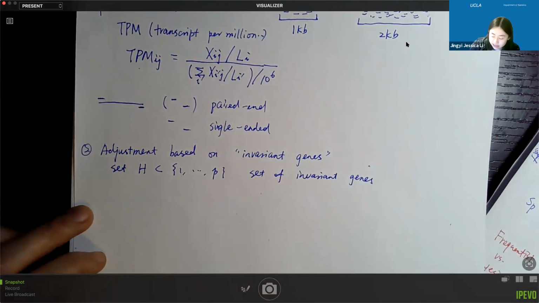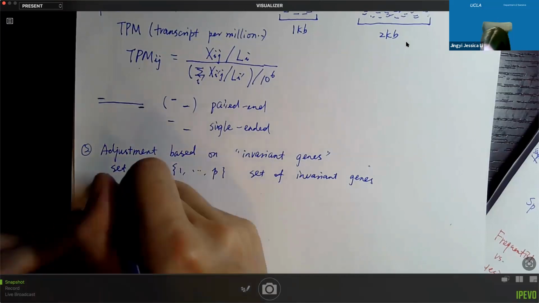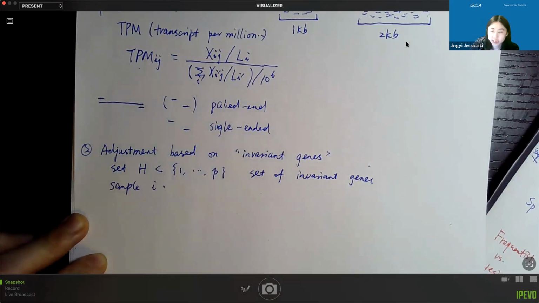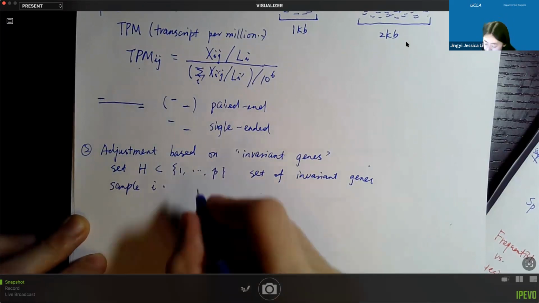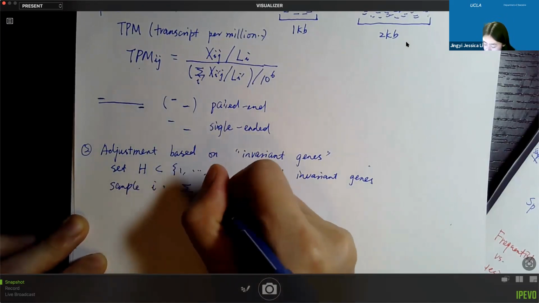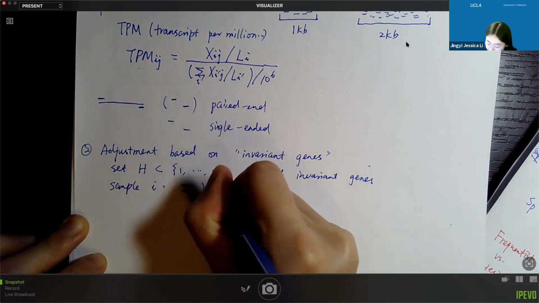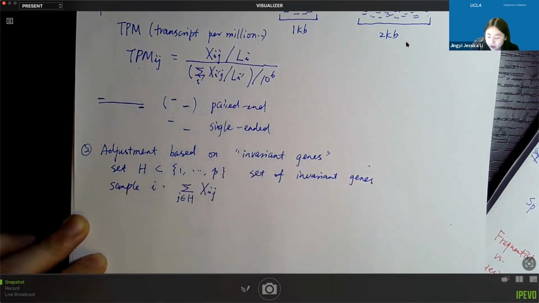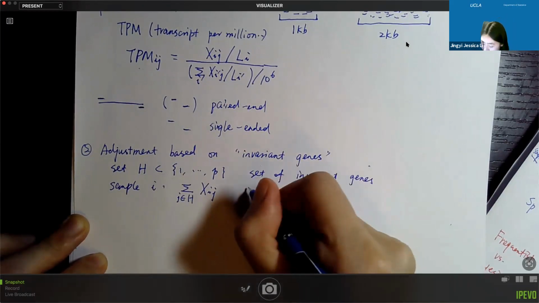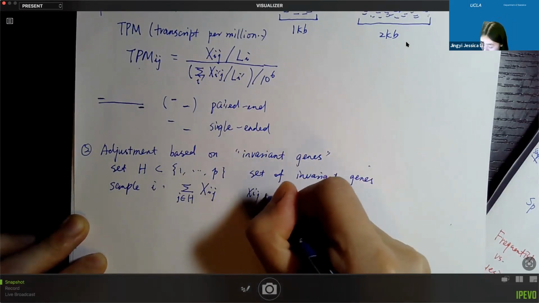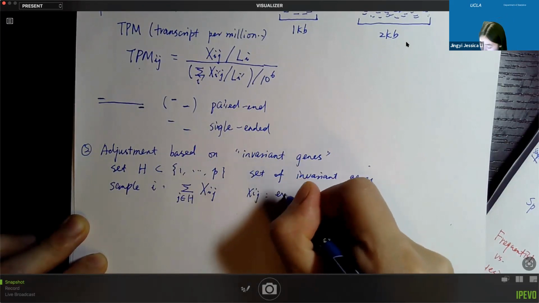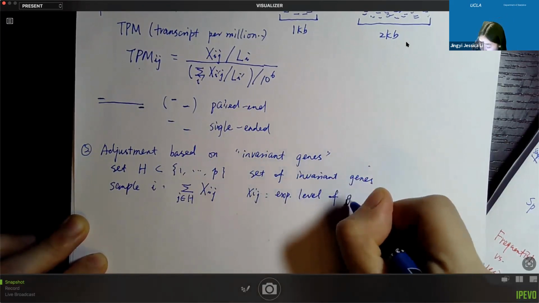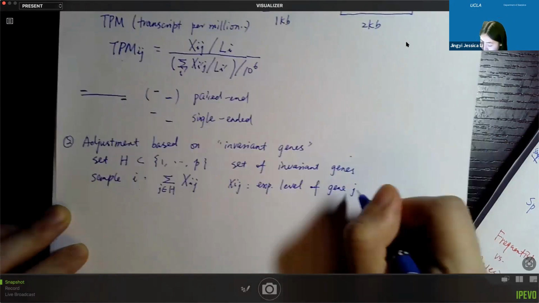Now for my sample I, I could just take the summation over its genes in the set. Let me call this Xij, and if j is in the set, I would take the summation. Xij, by the way, is the expression level of gene j in sample i.